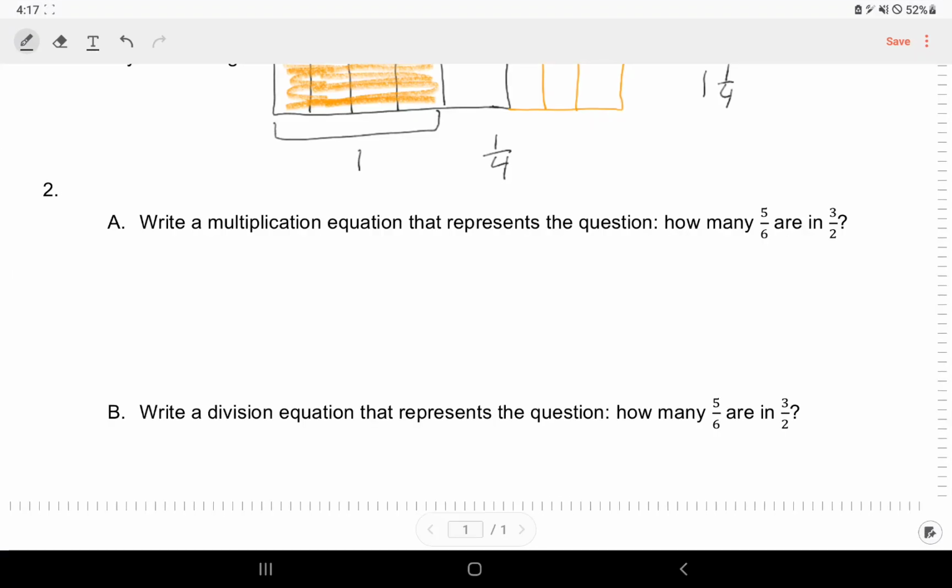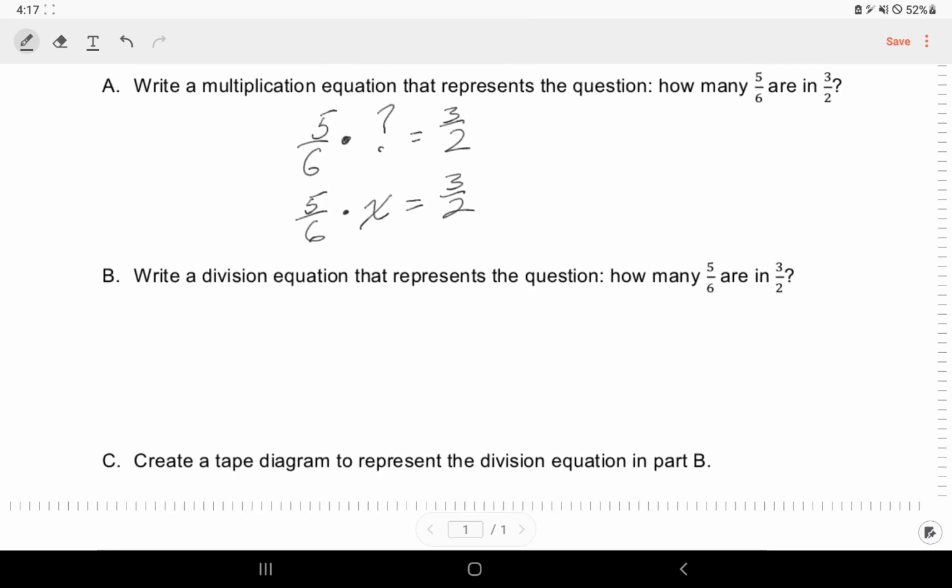So, we do 5/6 times the unknown is 3/2. And again, on your quiz, you might not be able to type in a question mark. So 5/6 times x is 3/2.